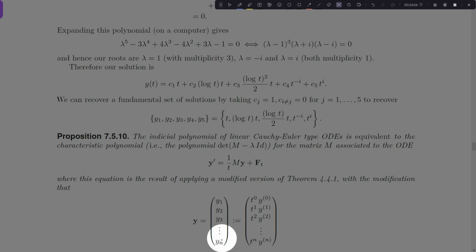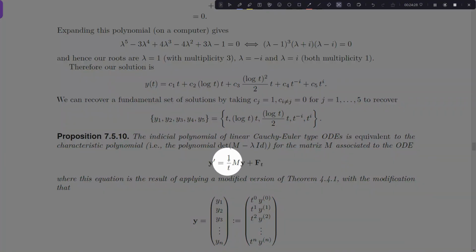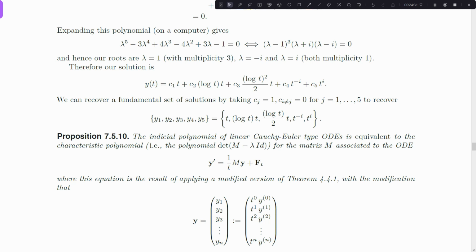So when we define our n-dimensional variable, which the n-dimensional equivalent problem will evolve in, I define that variable like the following. It becomes t to the 0 y0, t to the first y1, t squared y2, and so on. So that's the modification. And then we go through the process of rewriting it. It turns out you can rewrite it in this form. And let's think about what the solution of something written in this form would look like.